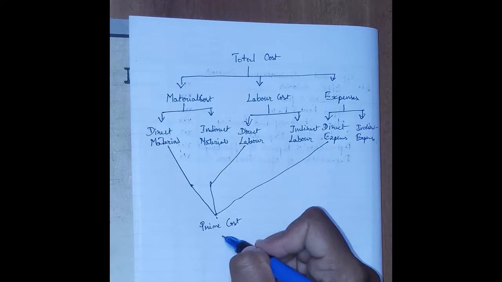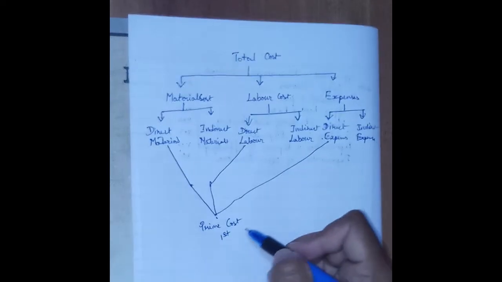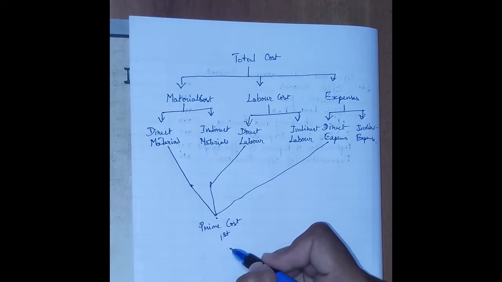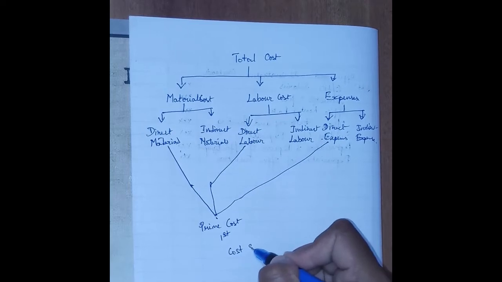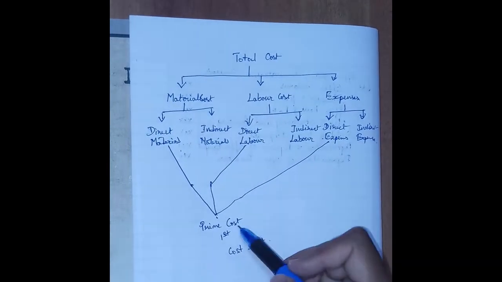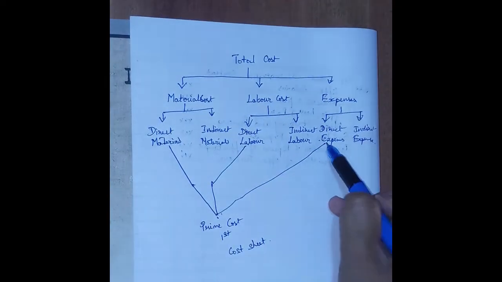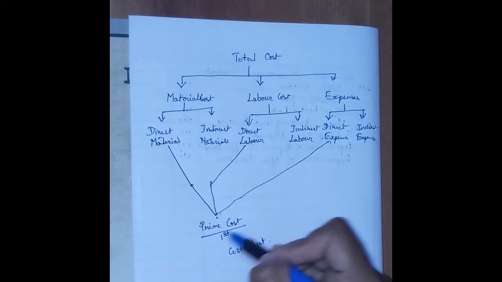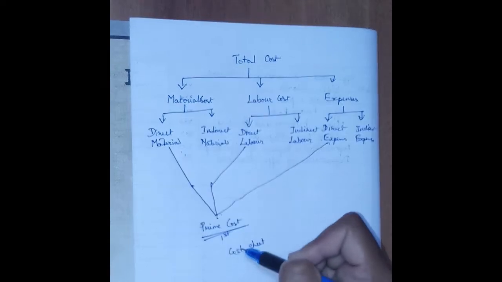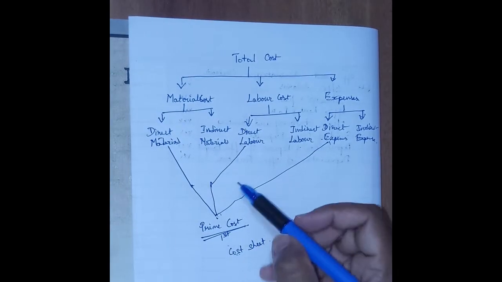This is the first step of the preparation of the cost sheet. By adding direct material, direct labor, and direct expenses, you will get the prime cost. That is the first step. So what is the next step?